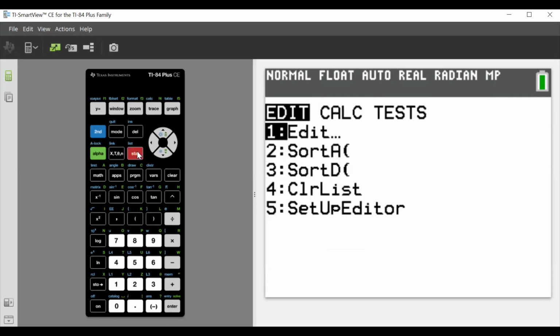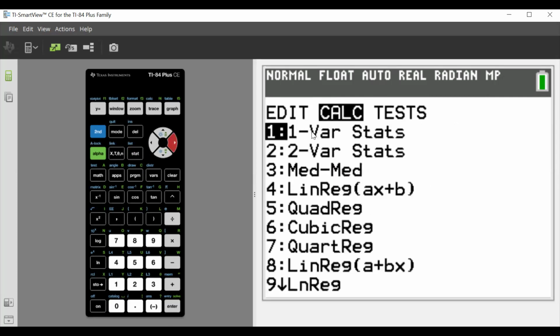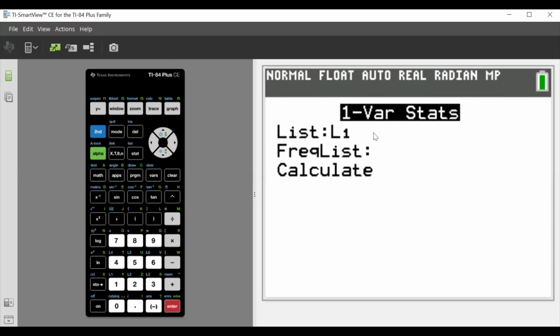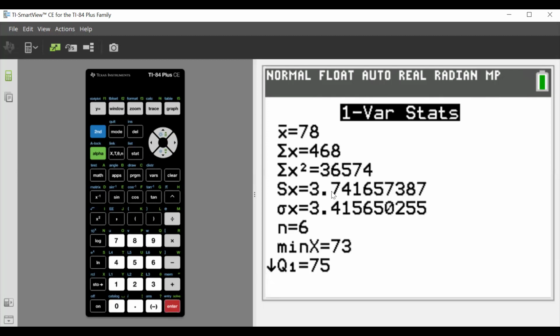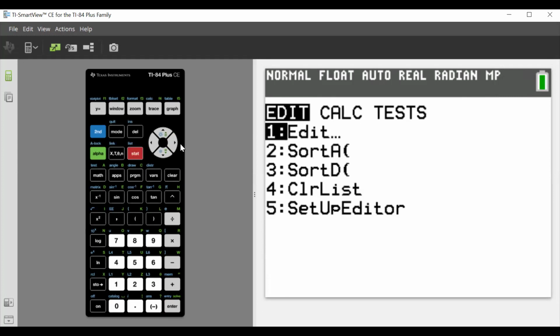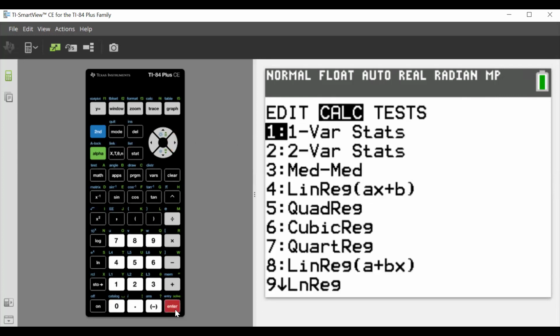Okay. So we're going to do over to calc one variable stats. So our list is going to be L1. So we hit that, go down and hit enter, enter, enter. And 3.74 was our standard deviation, which is what we found on ours. Much easier typing it here, but we got the same thing. Now let's do it again, but now let's do L2.